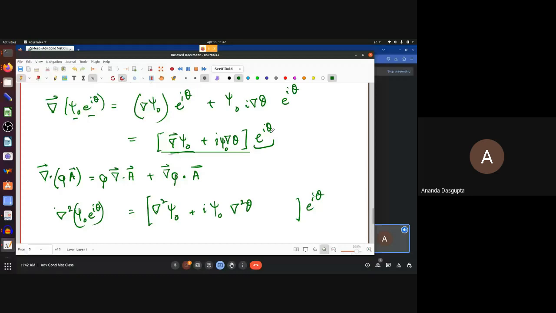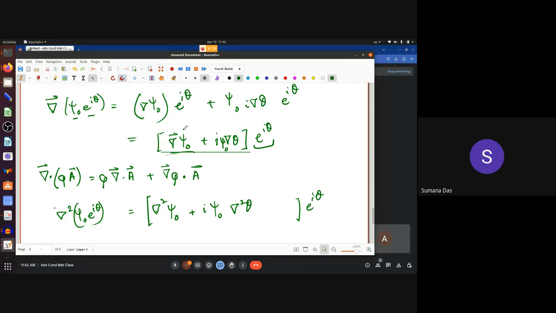And divergence of this bracket, is it completely calculated, or do we do something more? There is this one more term.